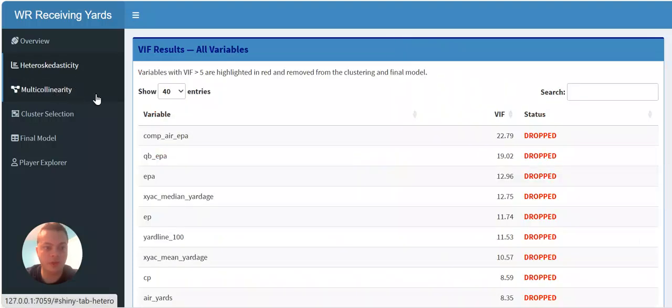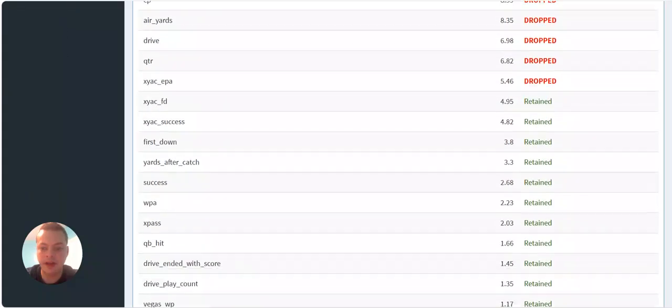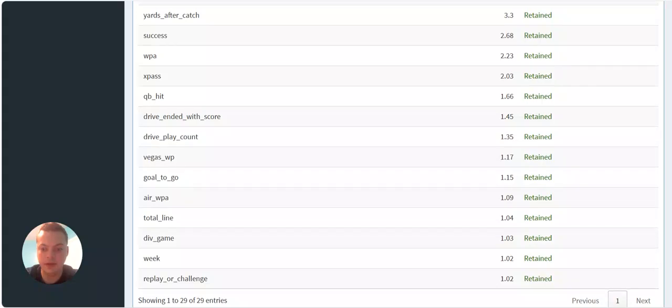Then when testing for multicollinearity, we saw the VIF value of all of these independent variables, and we dropped the 12 that were above 5 and kept the 17 below 5.